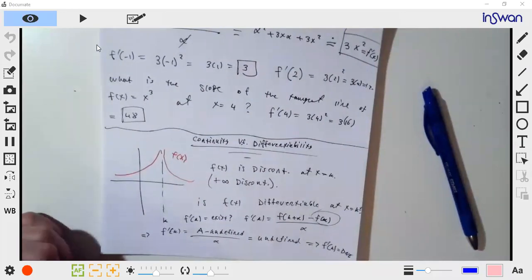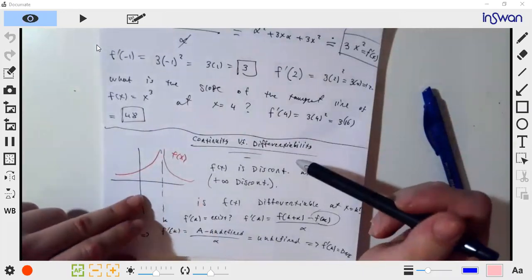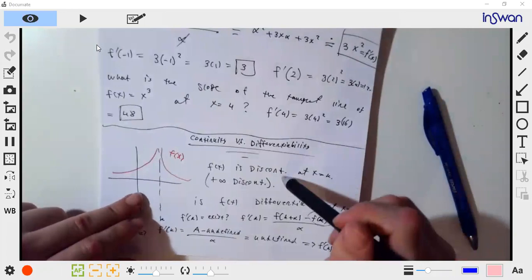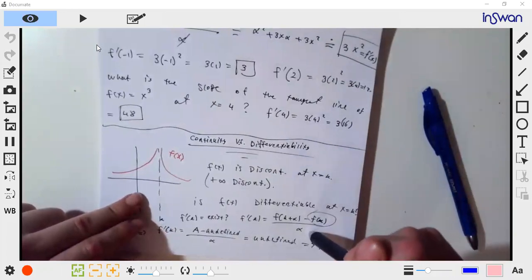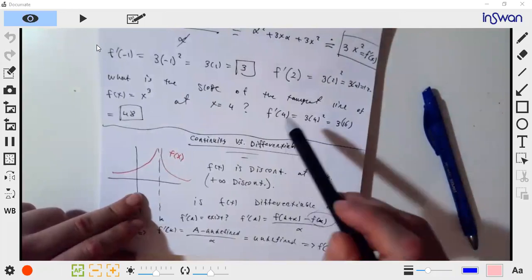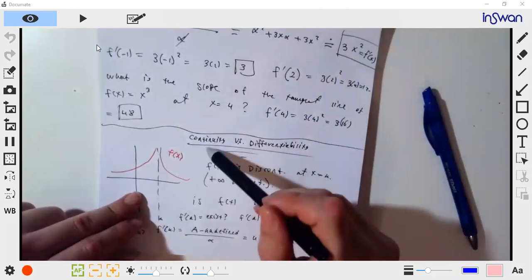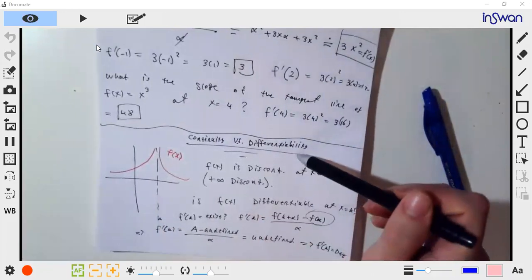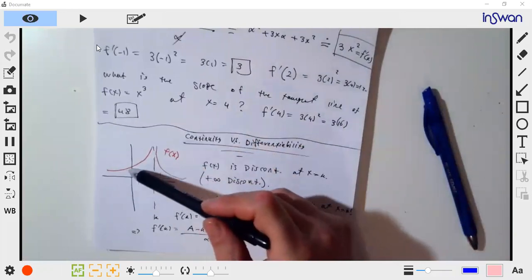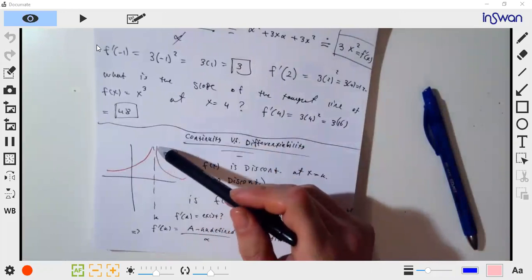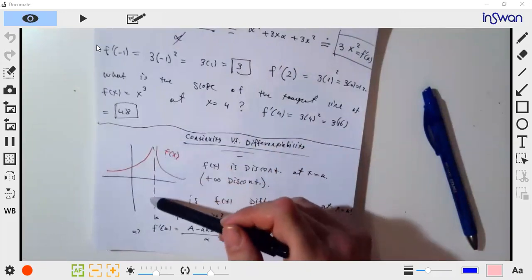So if you're not continuous, it seems like you can't be differentiable. We want to compare and contrast what continuity implies about differentiability, and what differentiability implies about continuity. Here we have a function that is discontinuous here, but it's also not differentiable here.